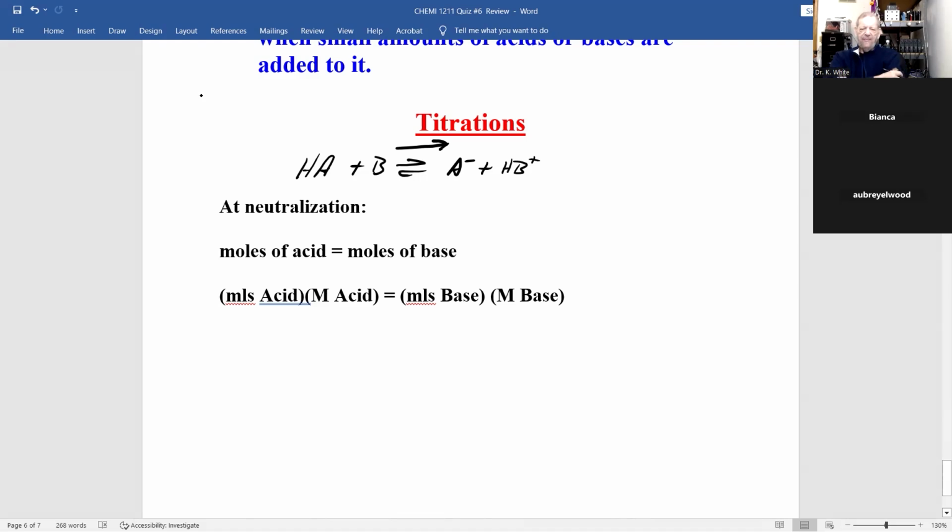And here's the salt. Now, what it means to neutralize something, you bring the pH to 7.